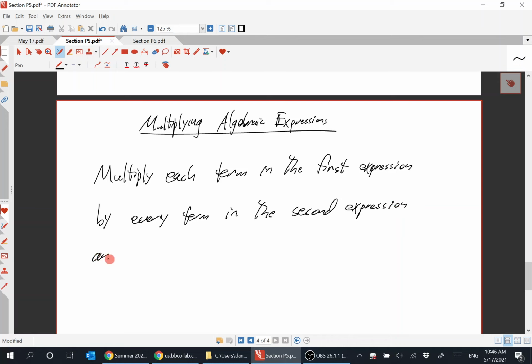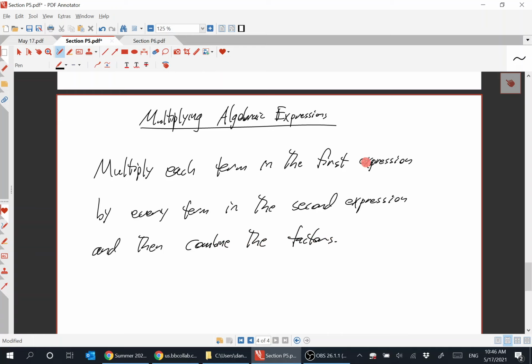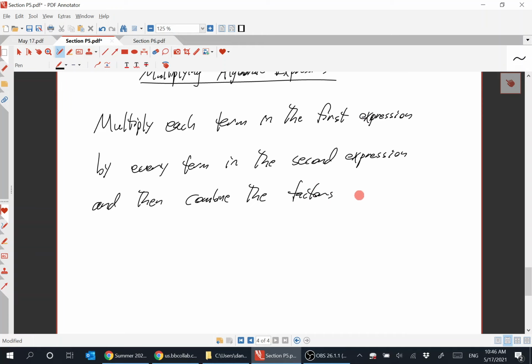And then combine the factors, like so, by using ax to the m times bx to the n is equal to ab x to the m plus n.